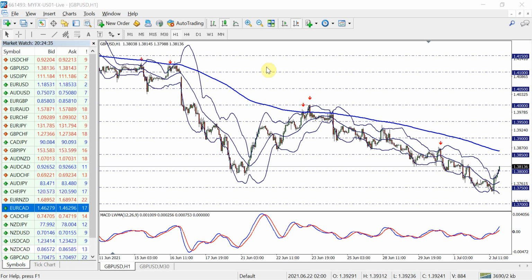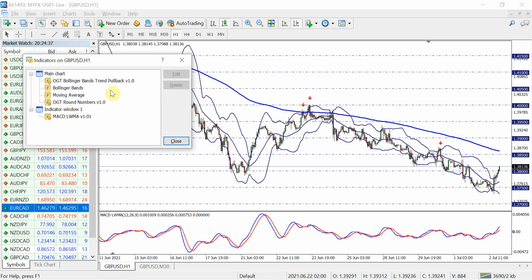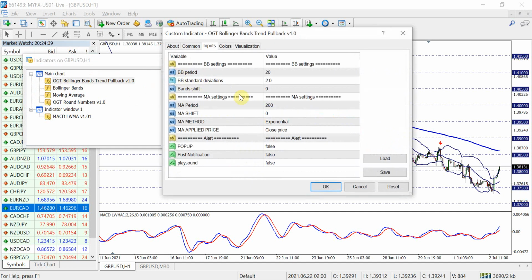So if we have a look at the indicator settings, for those of you who've been watching all the other videos and have all the other trend pullback indicators, it's exactly the same in terms of how it all works. What this indicator does is it firstly looks to identify a trend, and the way it does that is using a moving average, which, as you can see, can be any period you want, and the default is 200.